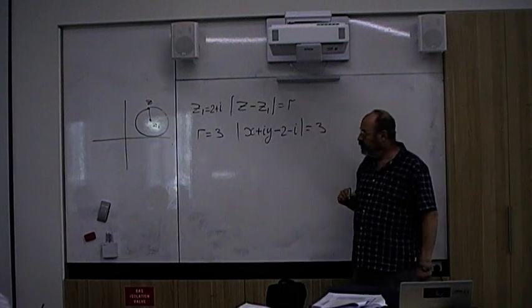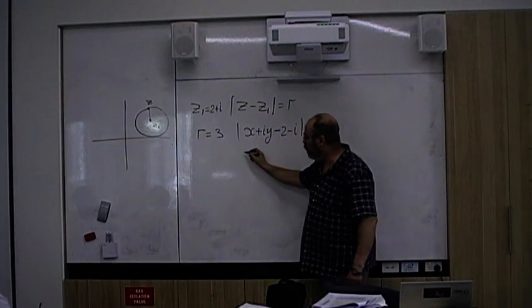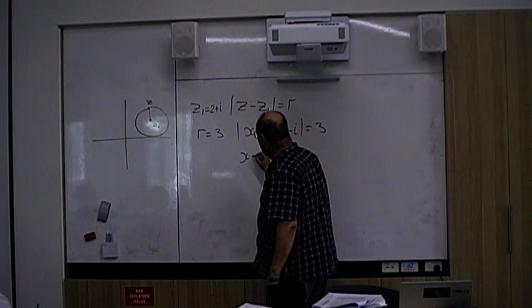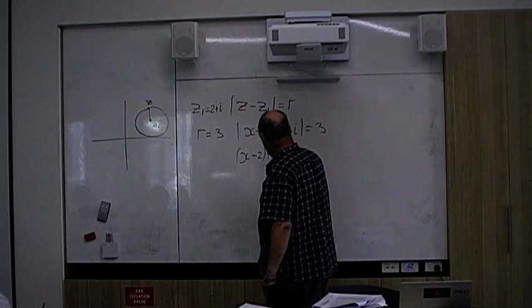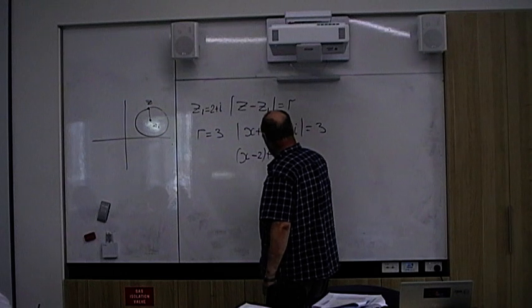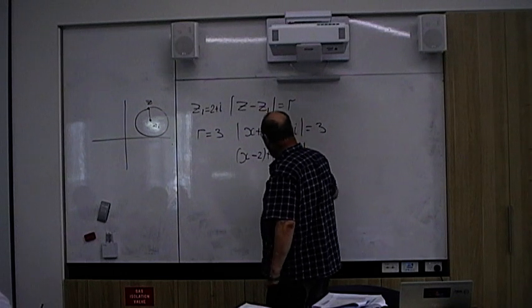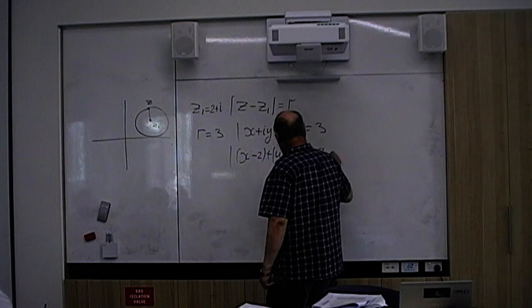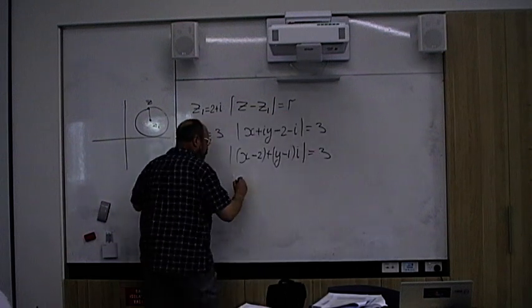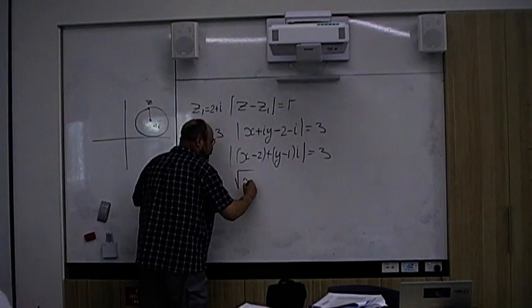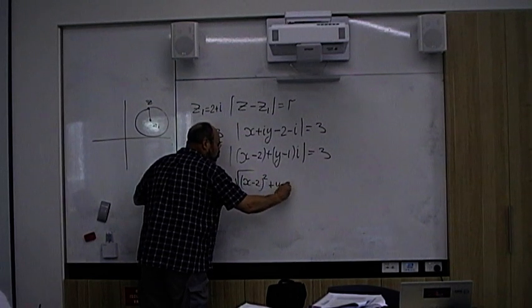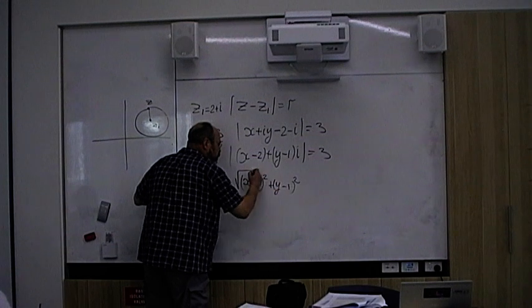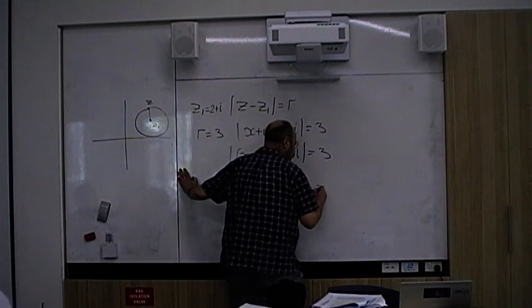We rearrange with real part x minus 2 plus imaginary part y minus 1 i, modulus equals 3. The modulus is the square root of (x minus 2) squared plus (y minus 1) squared, equals 3.